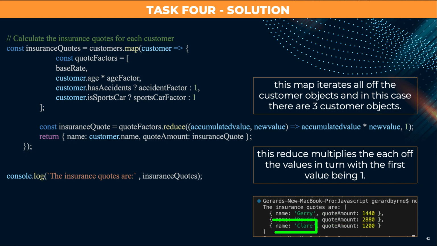And then it goes back and does the third one, and that will be customer name Claire, and the quote amount will be 1200. So it is a map over the top of what we did the last time, but instead of accumulating it as one final total for all 3, I'm getting the reduce to take the values, multiply them for that quote, and then simply print them out.